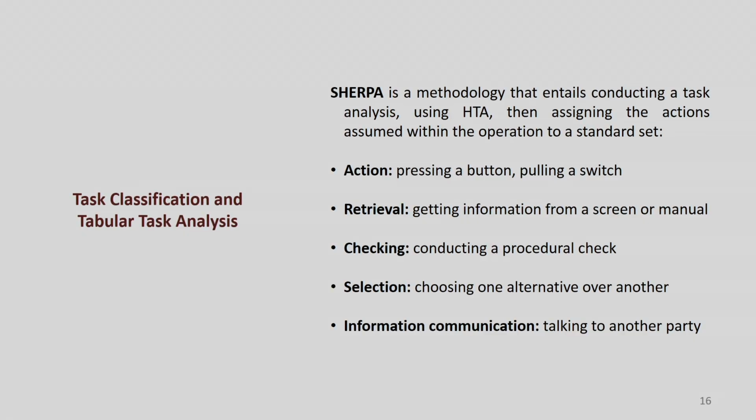Then selection is choosing one alternative over another. If I have two options, I will choose which one is best. And information communication is talking to another operator or another person who is responsible for this particular job. So, these are the steps we should follow while doing SHERPA.